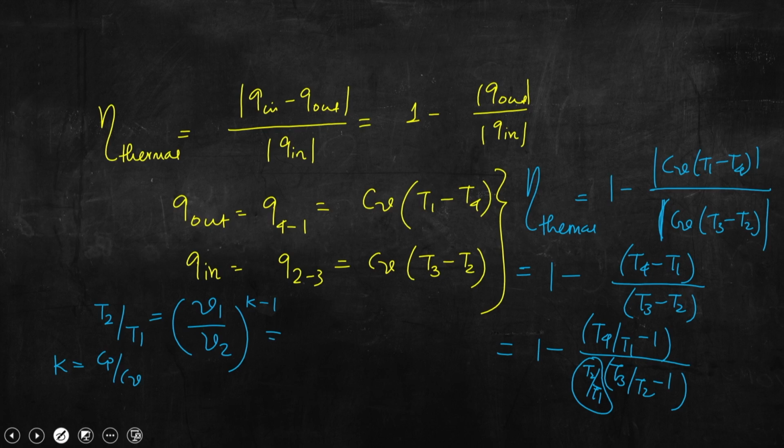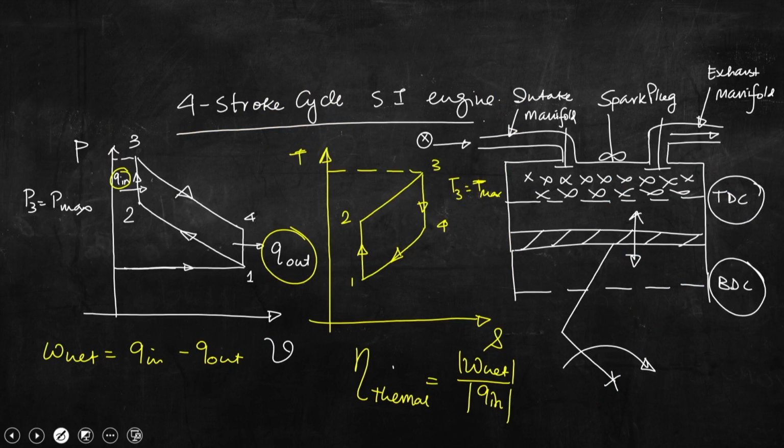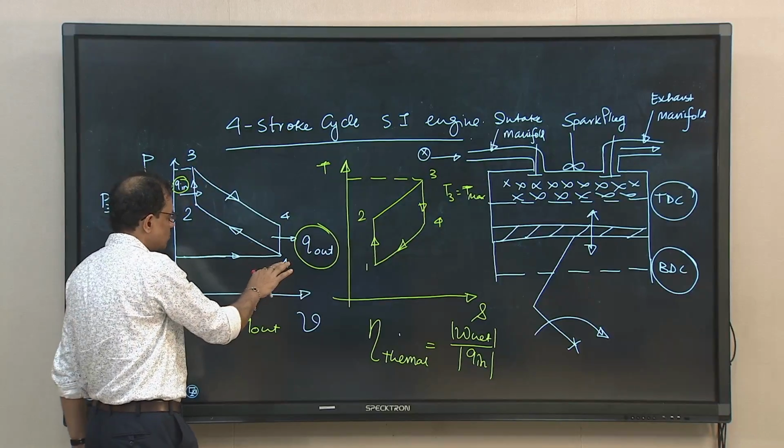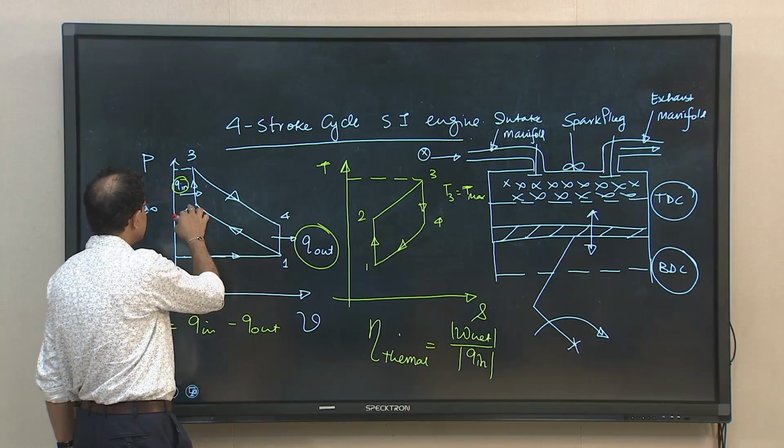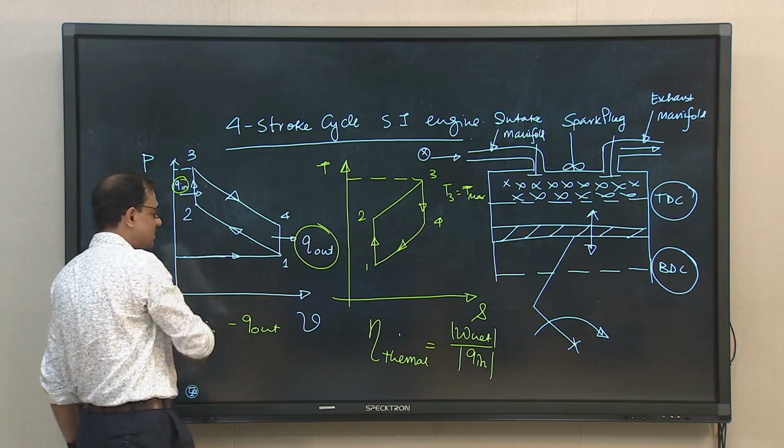So, now it is very important that if we go back to the previous slide, V1 and V4 are the same, and V3 and V2 are the same. So, instead of writing V1 you can also write V4, and in place of V2 you can write V3.